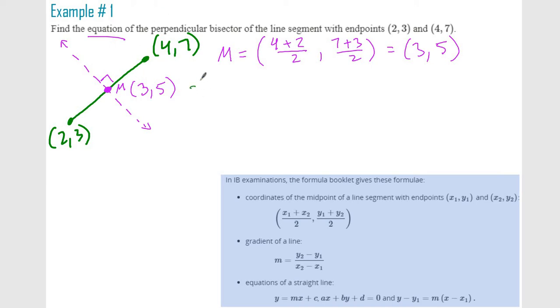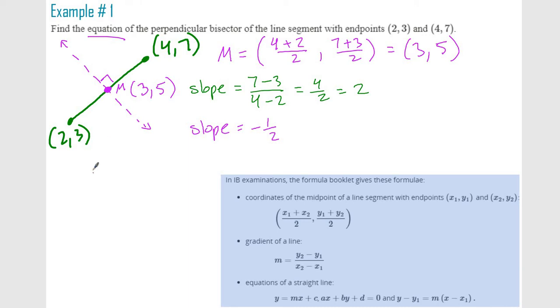So the slope of our green line is going to be the difference in y's over the difference in x's. So we get 4 over 2, so the slope is 2. So the slope of our new line is now going to be -1/2.